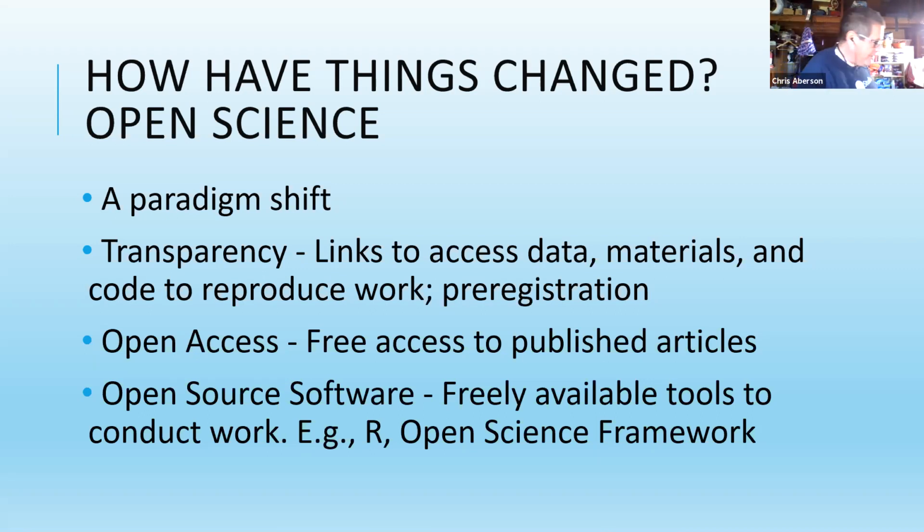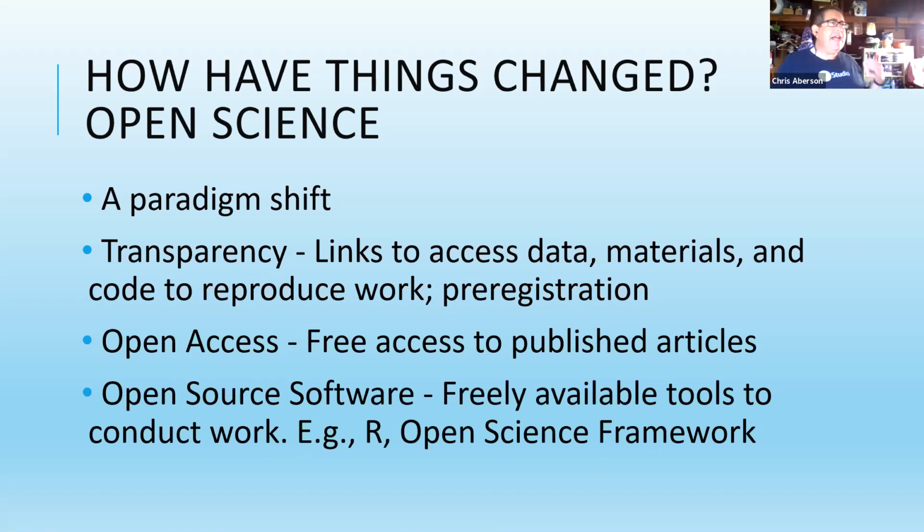open science practices. When I talk about open science practices, I want to make clear the three specific things that I'm talking about. One, transparency is one big piece of it. That includes access to data, materials, and code to reproduce work. Things such as pre-registration, and I'll talk about all of these in a little bit more detail if you're not familiar.